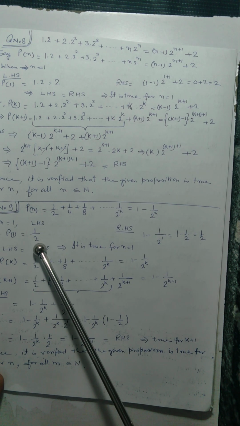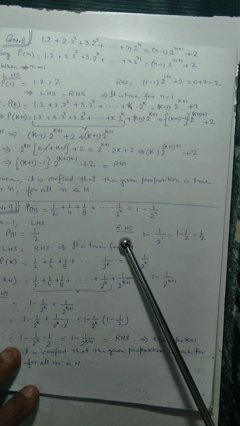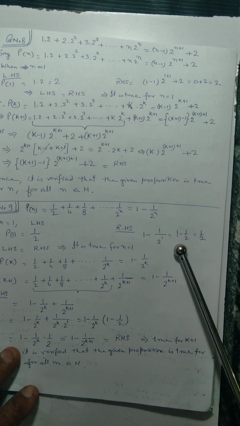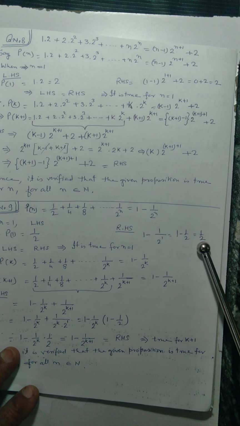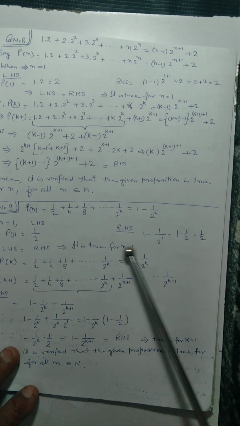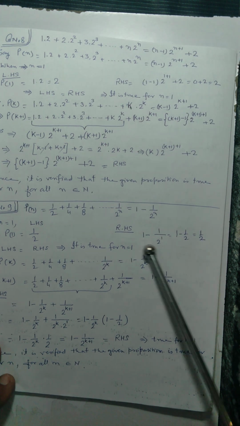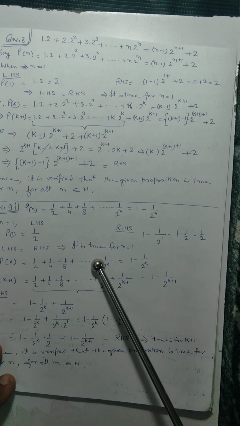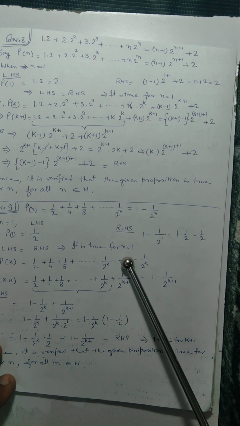P1 will be equal to 1 by 2. On the right hand side, we see 1 minus 1 upon 2 to the power 1 will be equal to 1 by 2. So the left hand side and right hand side are both equal. It is true for n is equal to 1.